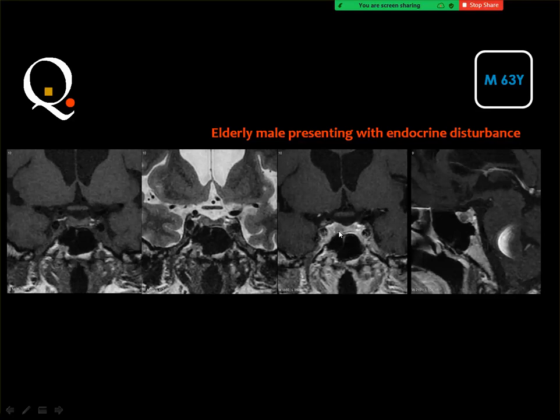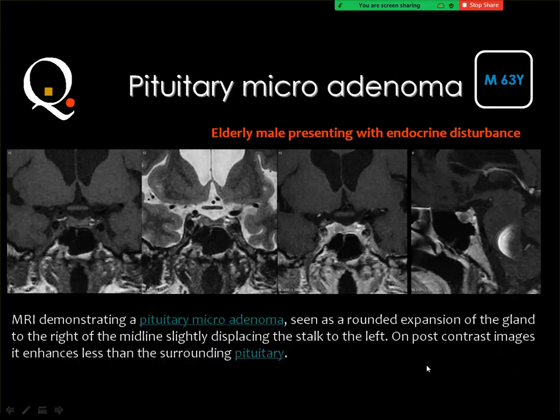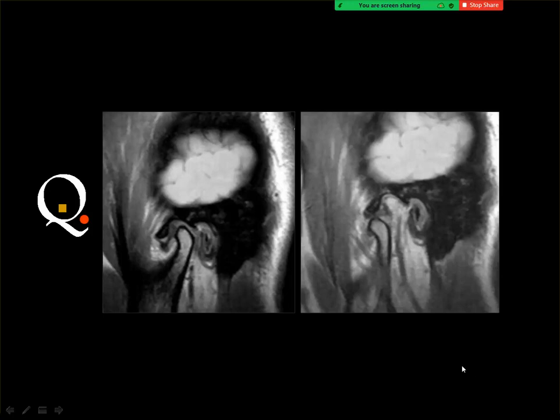Rathke's cleft cyst is centered underneath the pituitary stalk, and it shows cystic criteria of similar CSF signal intensity. It does not enhance with contrast, unless it is large, it may show some marginal post-contrast enhancement, but the most common focal small lesion in the pituitary gland is pituitary microadenoma.